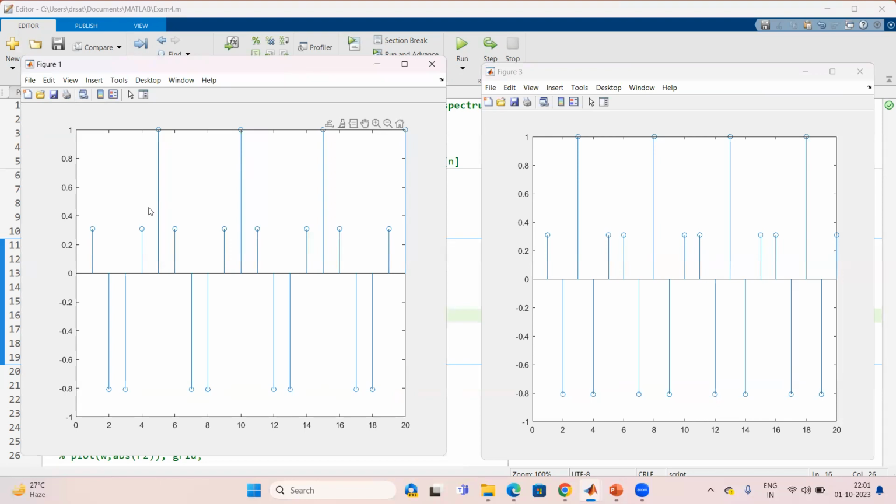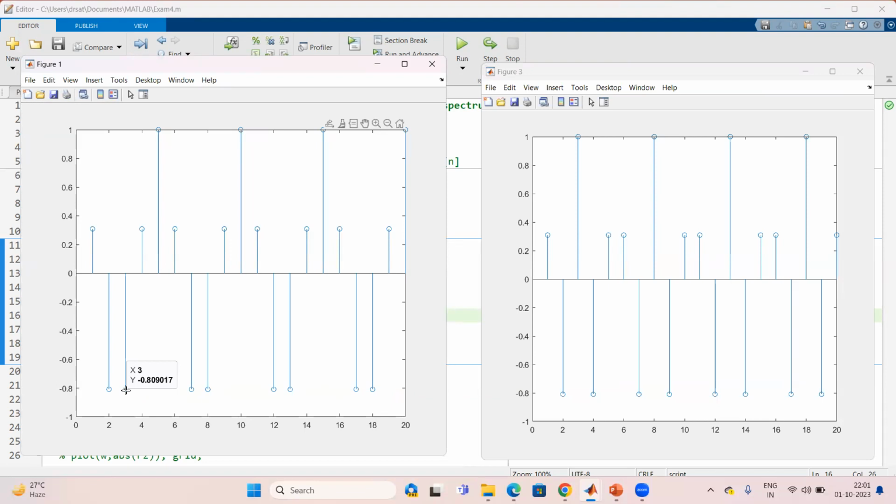You can see this is our first sample, 0.309, and again here we have this first sample, 0.309. Now because this original signal is downsampled by a factor of 2, it means we have to skip one sample. So this particular sample will be skipped, and the next sample will be retained.